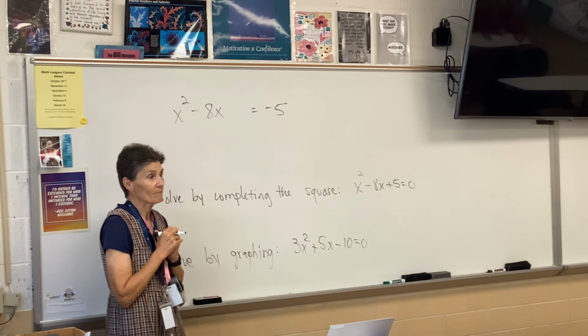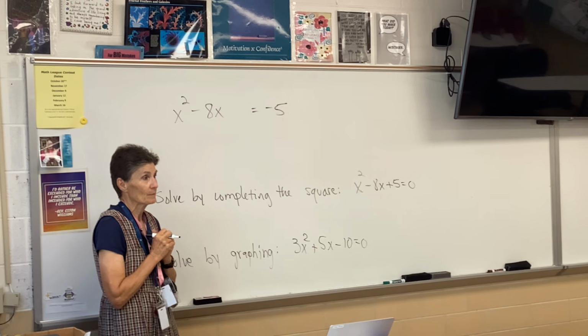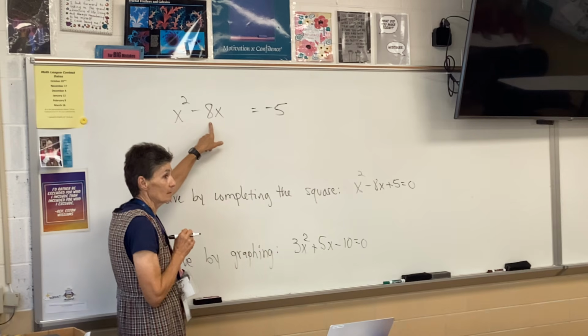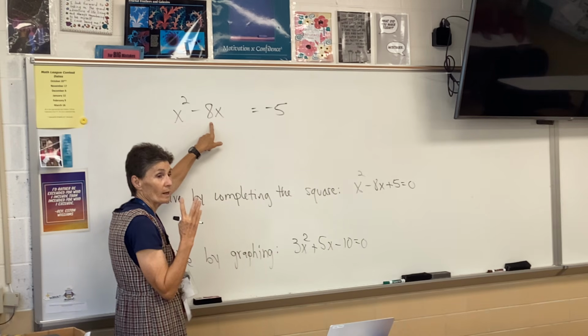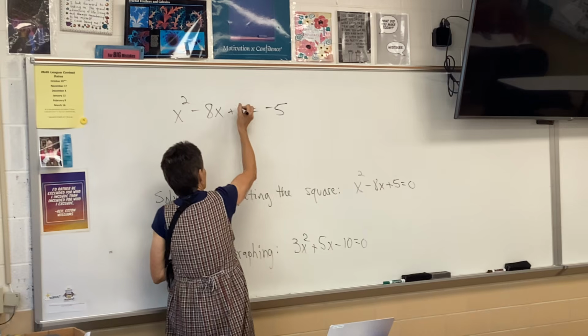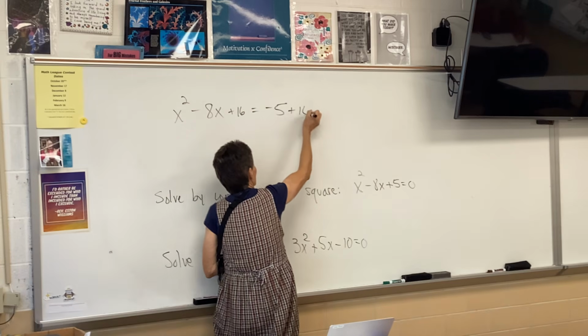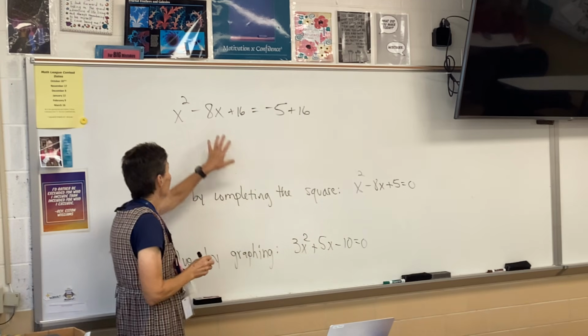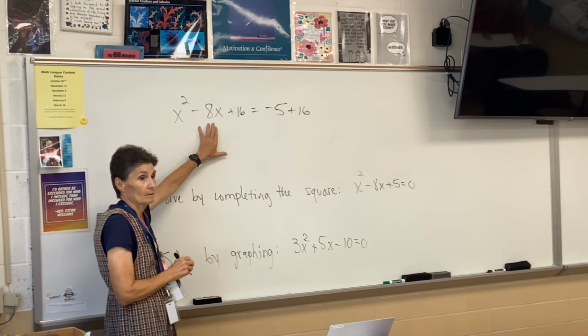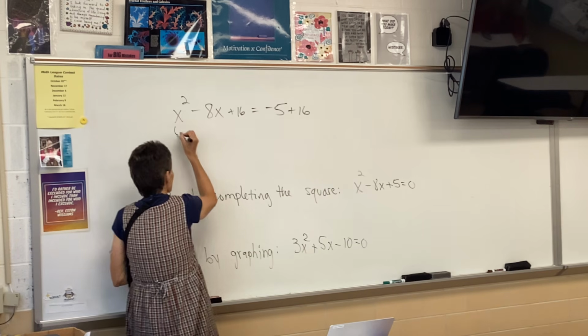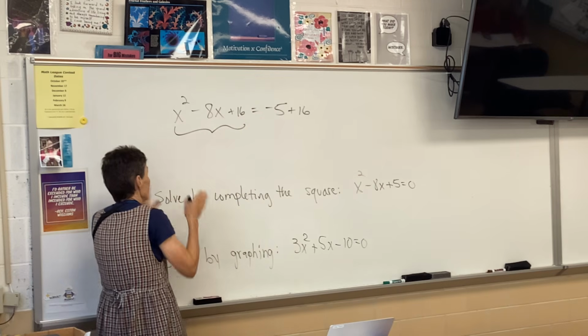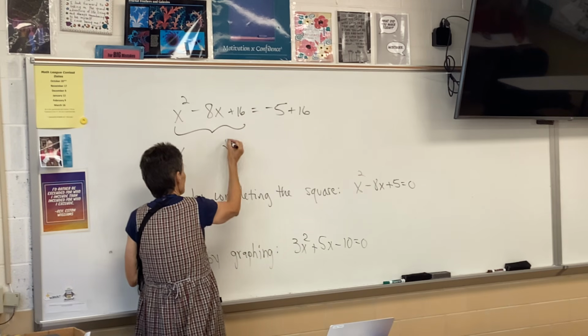Anybody remember how I find that new number? Half of 8, squared. So I'm going to put a 16 here on both sides. So one more time, half of 8, squared. This right here, if you do it right, will always be a square.